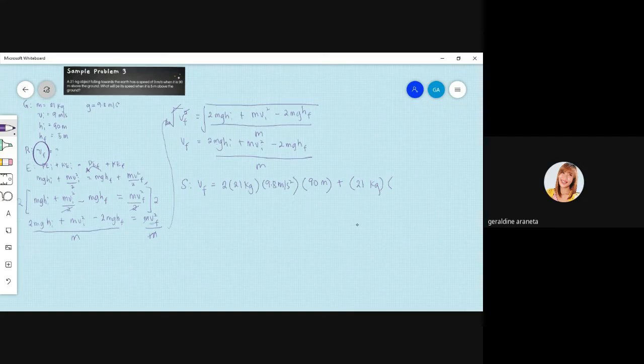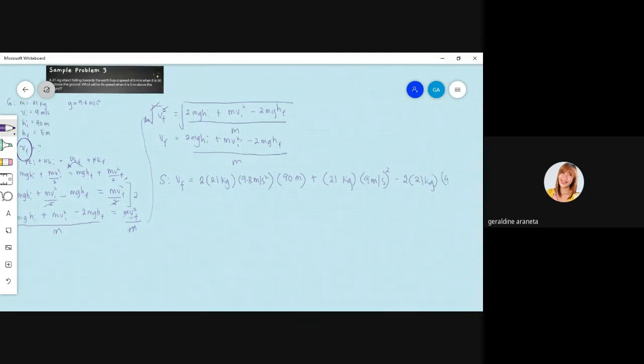Ang VI natin is 9 meters per second. Naka-square tong nasa ating formula, so that will be squared. Minus 2, 21 kilograms times 9.8 meters per second squared times HF natin is 5 meters. Dito na lang sa baba kasi hindi na po kasya. Over M, 21 kilograms. Okay, then we simplify.